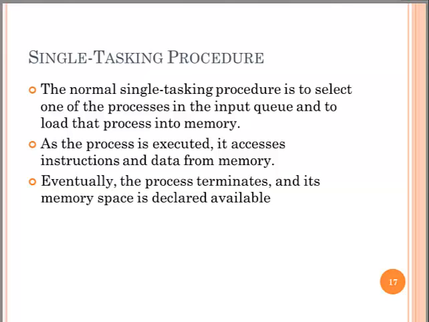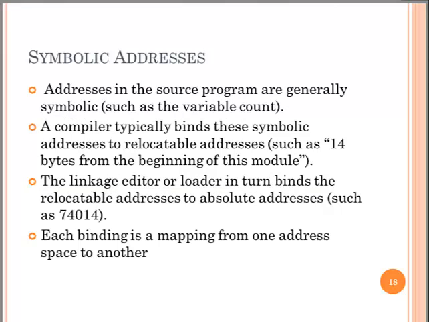So it selects a process in the input queue and loads that process into memory, and then it processes the instructions and the data from the memory, and then when it's done, the memory is then made available for the next process. So that's great. However, we don't work that simple anymore. We don't want to wait for things to process that simply, so we wanted to add complexity.